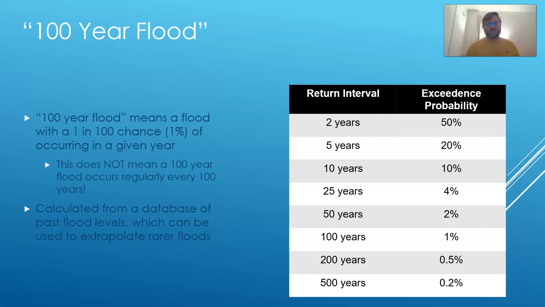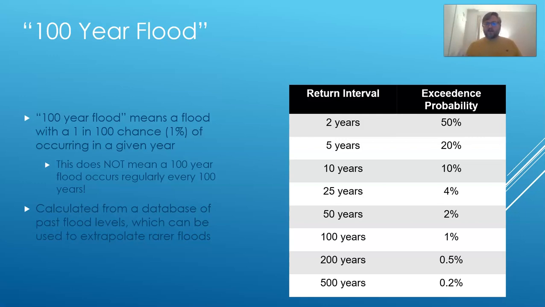There's not a regular schedule. You're never due for a flood of a certain size, or you can't assume that because you had a big flood that you now have some breathing room and aren't going to get a big one. All a 100-year flood means is that a flood of this height or greater would be expected to have a 1 in 100 chance of happening that year.